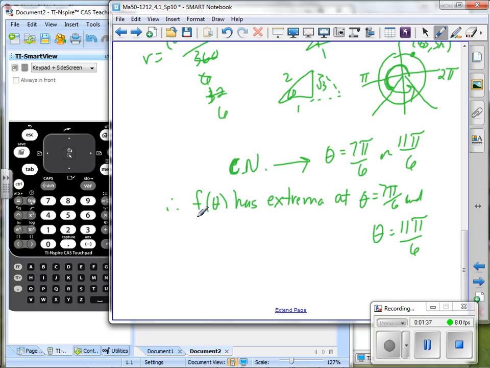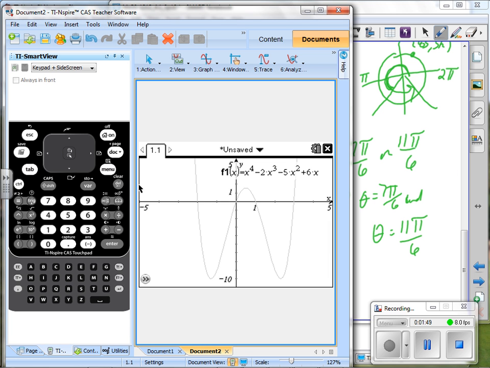So now do we know if it's maximum or minimum? Well, we can take a look at the function and decide that by graphing this.